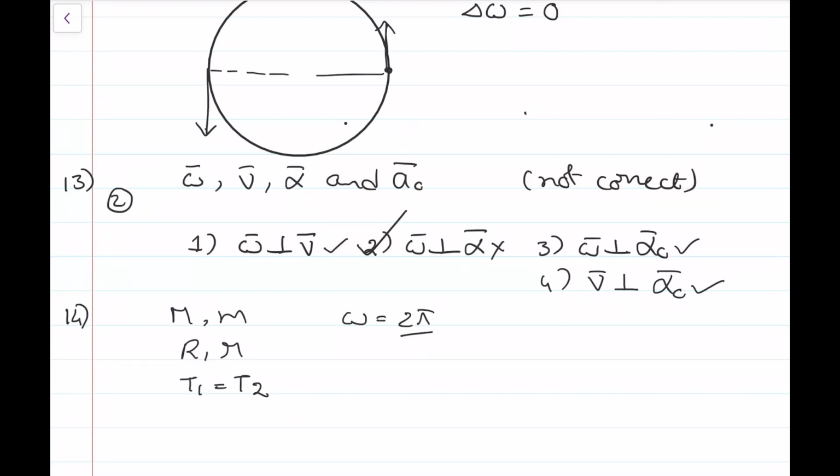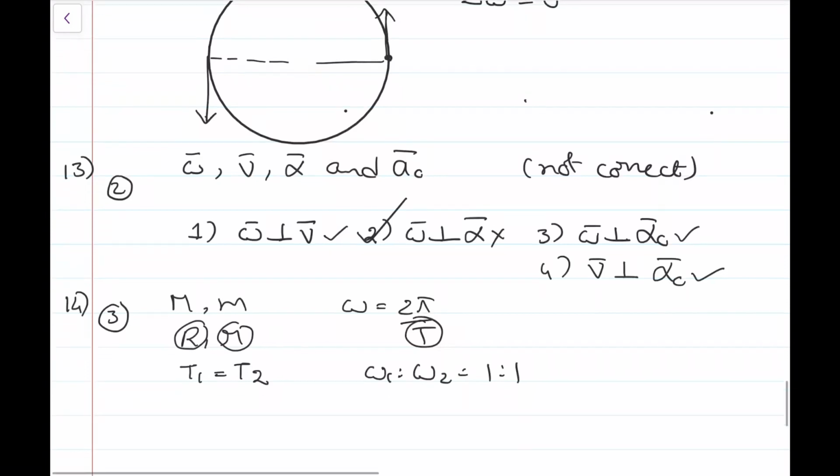Angular velocity formula: omega equal to 2 pi by T. As the time period is same and it is independent of the radius, the ratio of angular velocities is equal to 1:1, or nothing but 1. So option 3 is correct for problem number 14.